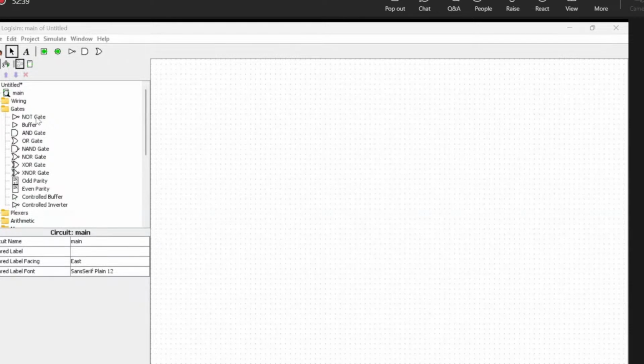So what is Logisim? It's a simulation where we can build our own logic gates and test them. Let me try building the one that we just looked into, which was X plus YZ equals X plus Y into X plus Z. So first let me build X plus YZ.